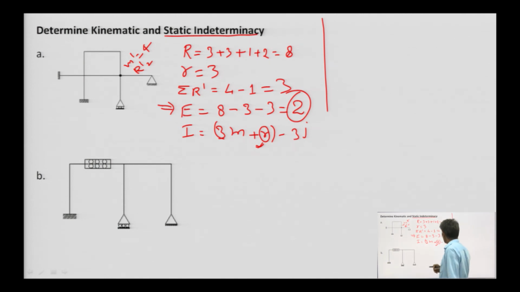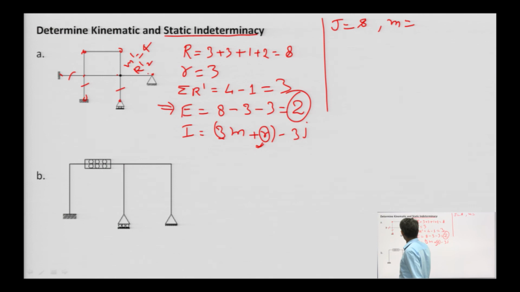Let us count the number of joints and members. Joints: 1, 2, 3, 4, 5, 6, 7, 8. Joints are 8. Members: 1, 2, 3, 4, 5, 6, 7, 8. 8 members.